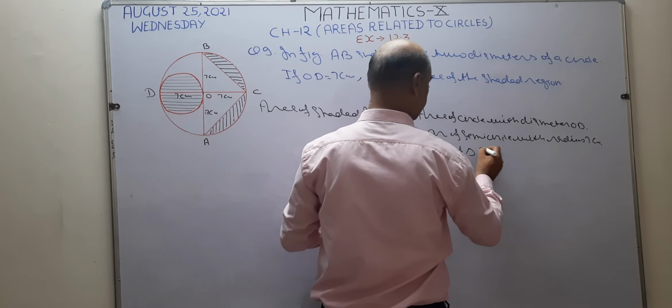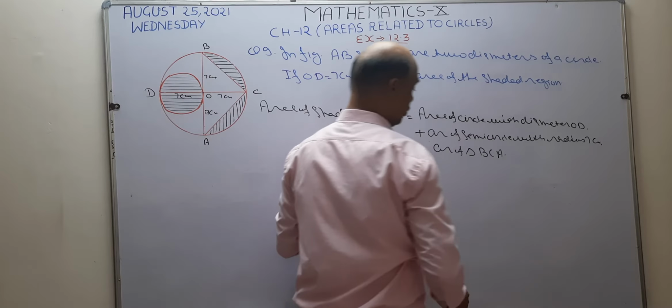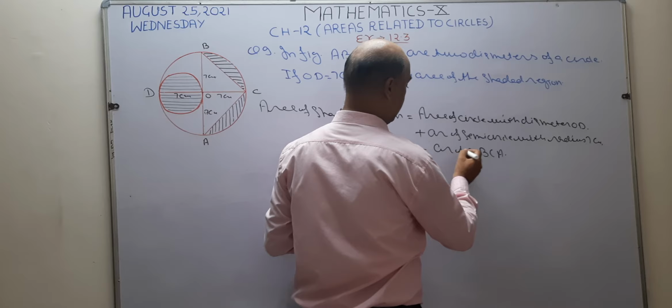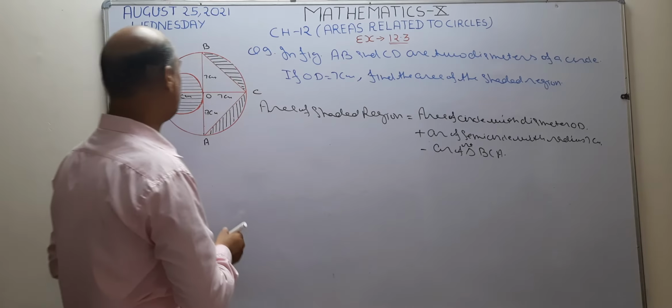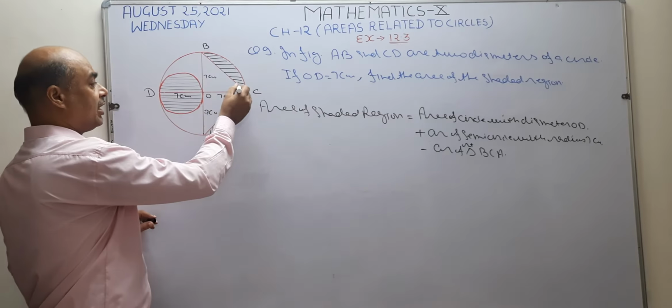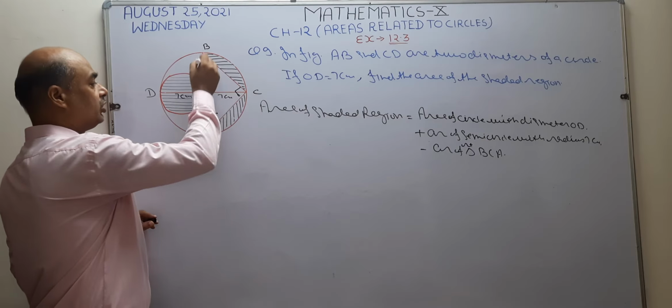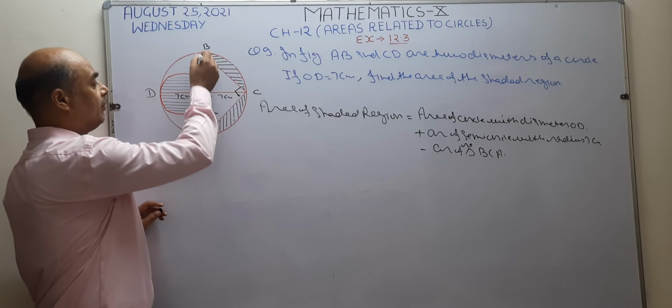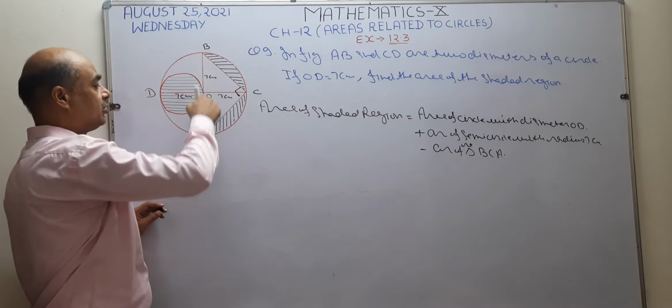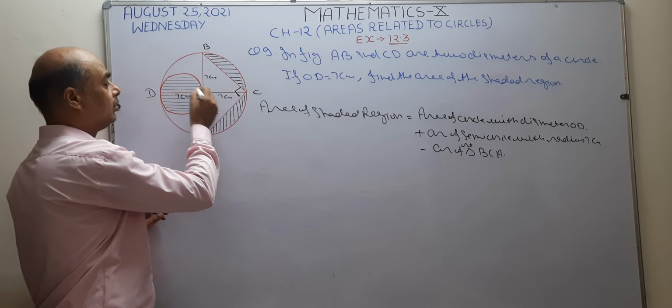BCA. Or you can write area of right triangle. Why do I write right triangle here? Because you know the angle in a semicircle is a right angle. If this angle is 90 degrees, then this triangle becomes a right angle triangle. And you know how we find the area of a right triangle? 1/2 base into height. So this is the base of the triangle and this is the height of the triangle. Clear?